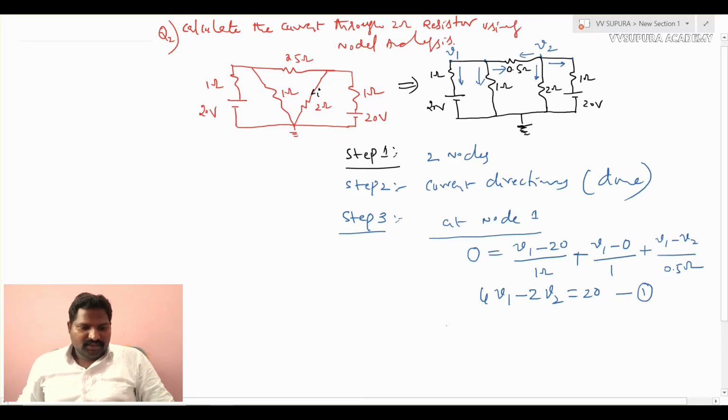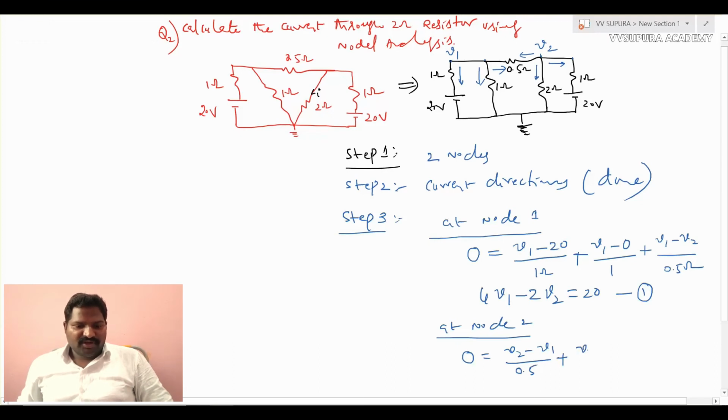Next, at node 2, how many currents are there? 3 currents are leaving, so the sum of the currents leaving is equal to 0. What are the currents leaving? From V2 to V1, one current, that is (V2 minus V1) by 0.5, plus (V2 minus 0) by 2, plus (V2 minus 20) divided by 1 ohm.